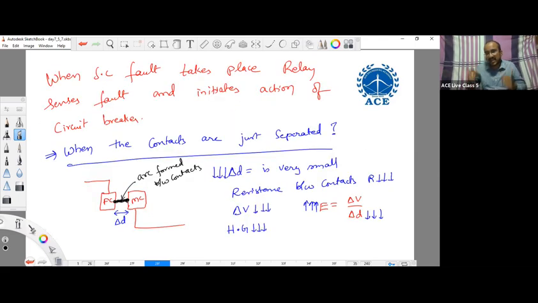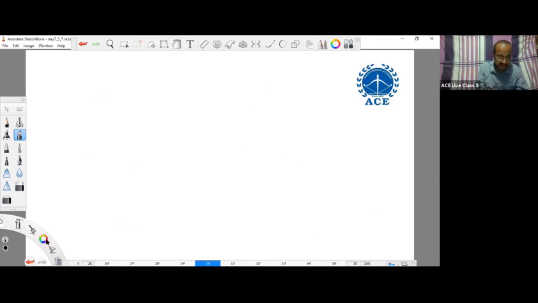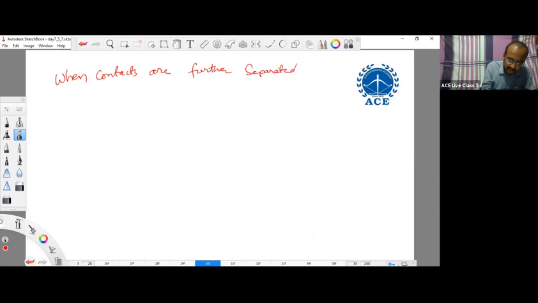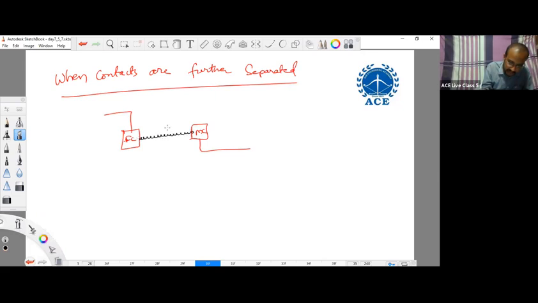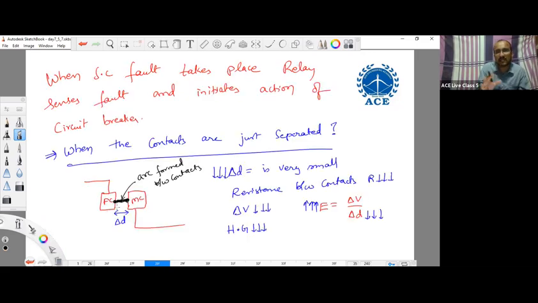Will the contacts remain separated by just a very small distance? No, the spacing increases further. When the contacts are further separated, what happens? This is the fixed contact and this is the moving contact. The arc still continues to exist between the contacts, because due to the high electric field intensity and field ionization, a large number of electrons are released.